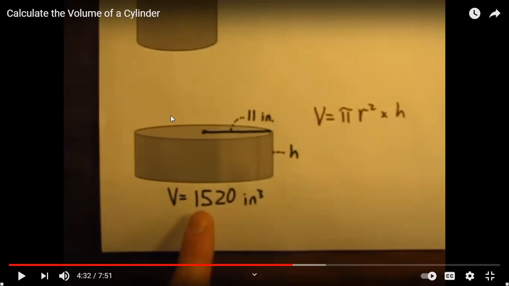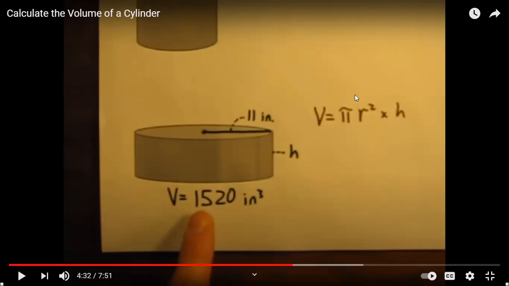Is there anyone who can tell me how we can calculate the height in this question? We are going to work with this question like solving for a variable. In this question, we want to calculate the height.